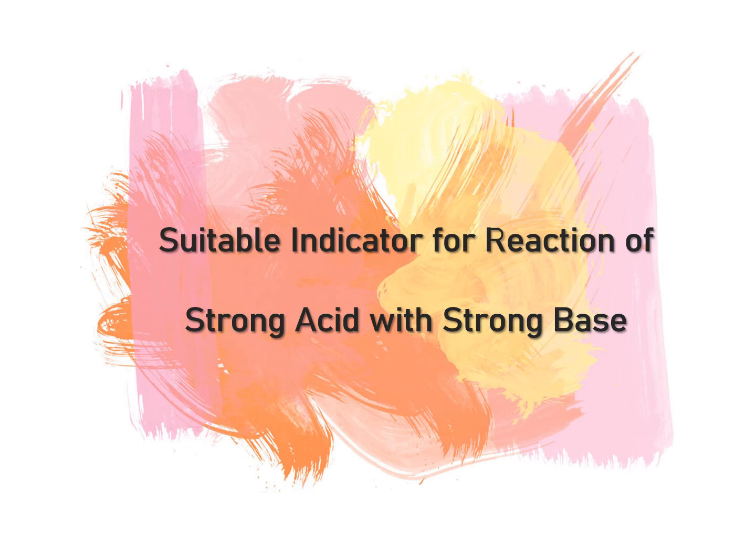Like I said before, to determine the indicator, we look at which indicator can change colour within the pH jump, the range of the pH jump. So remember, our pH jump for the reaction of strong acid and strong base is from pH 3 to pH 11. So we need to choose an indicator that will change colour in the range 3 to 11.